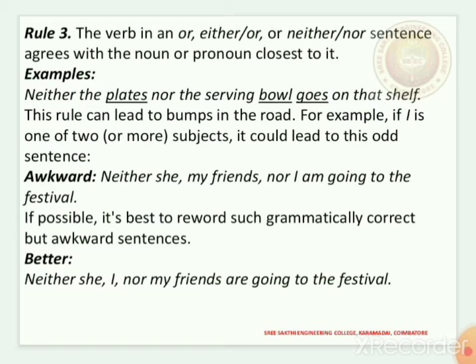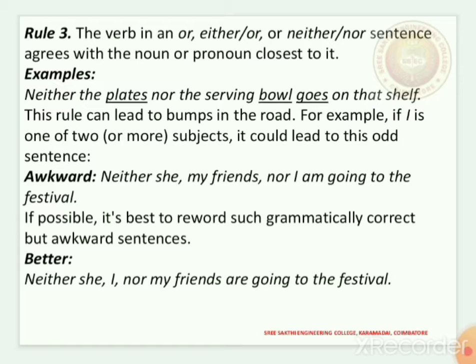This rule can lead to a bump in the road. For example, if I is one of two or more subjects, it could lead to this odd sentence. Okay, so obviously there is one awkward sentence: neither she, my friends, nor I am going to the festival.